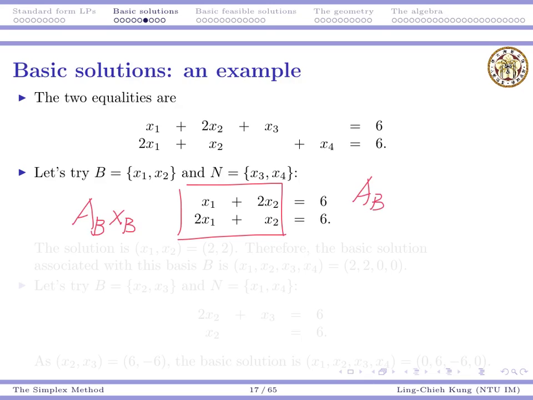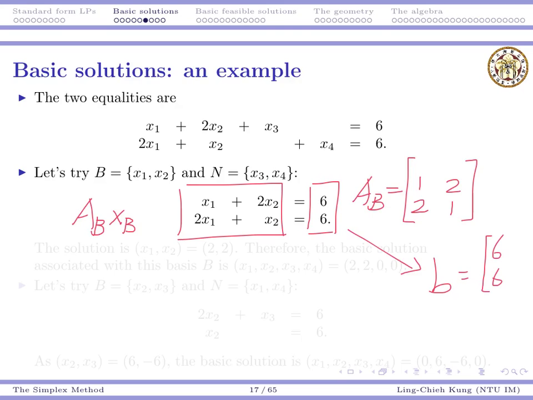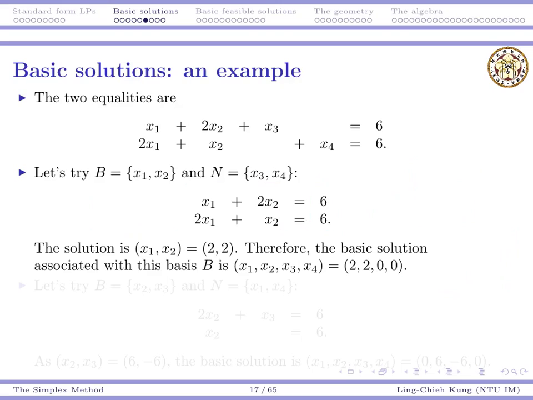Because my A_B, this submatrix, is [1, 2; 2, 1], and certainly this guy is the small b, okay? 6, 6. So I have this 2 by 2 linear system using Gaussian elimination or whatever method you have. You may find a solution as 2, 2. So basic variables are 2, 2. Non-basic variables are 0. So this basis gives me a basic solution 2, 2, 0, 0.